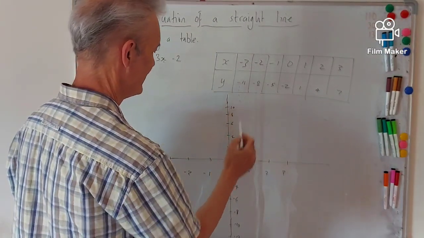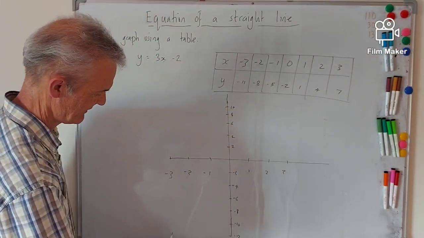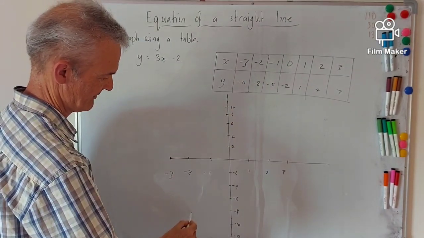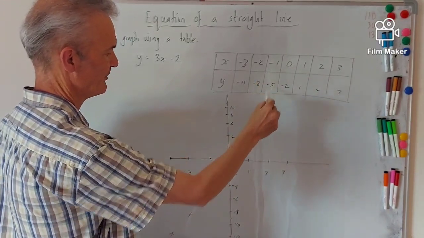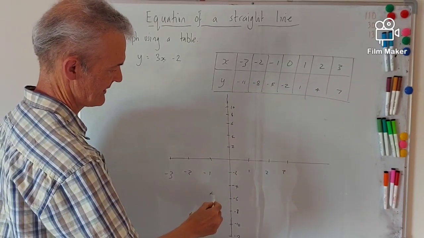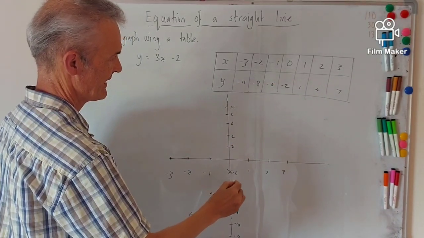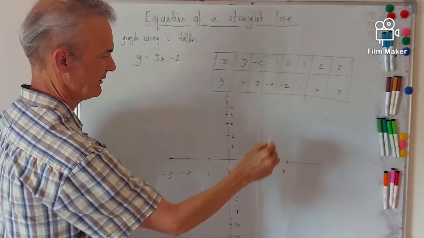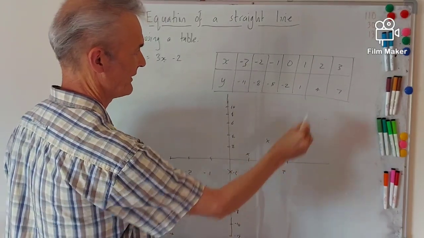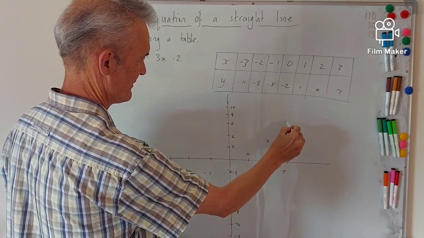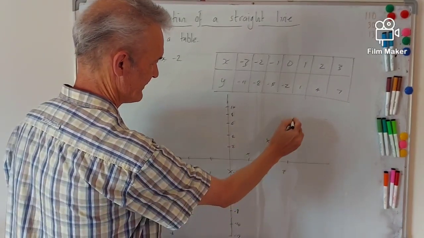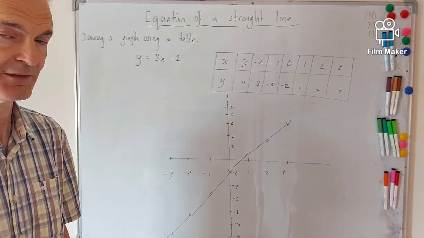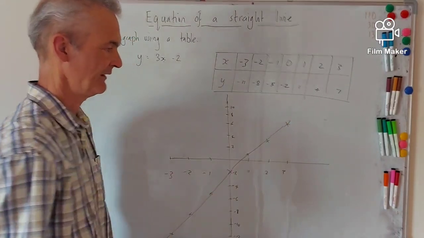So I do -3, -11 down there, -2, -8 is there, -1, -5 is there, 0, -2 is there, 1, 1 there, 2, 4 there, 3, 7 there, and there is your straight line that we plotted using these coordinates.